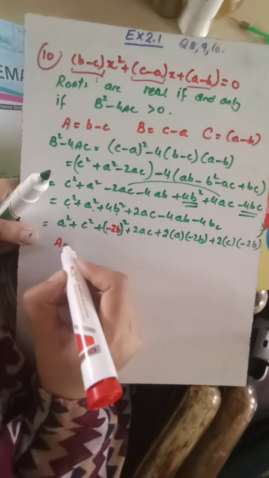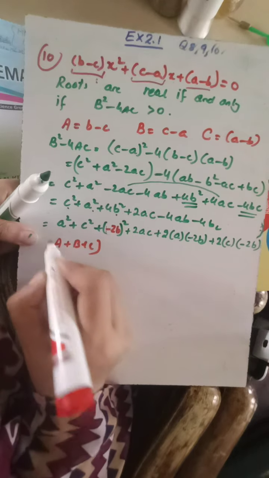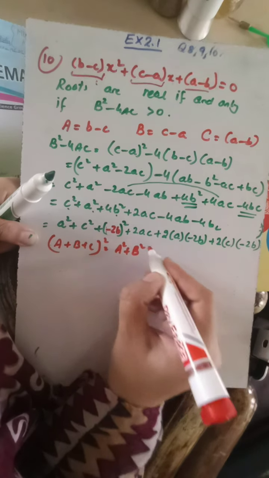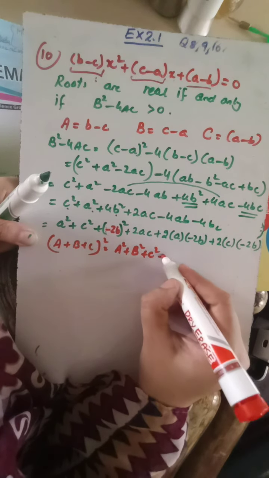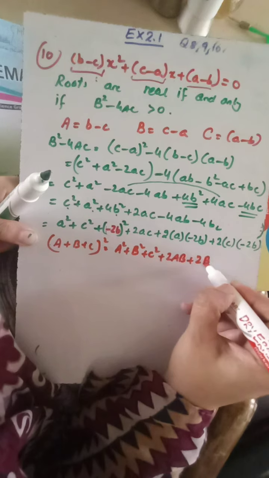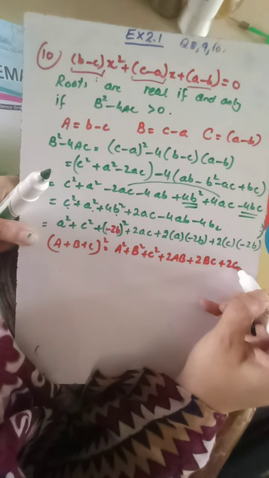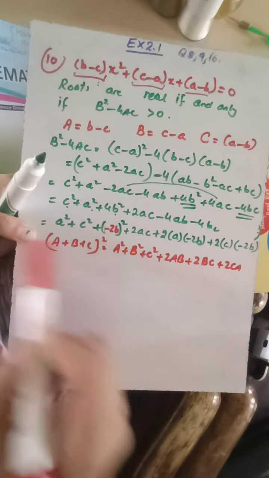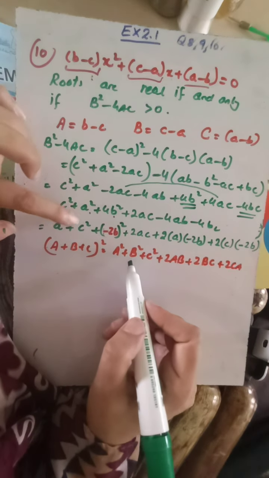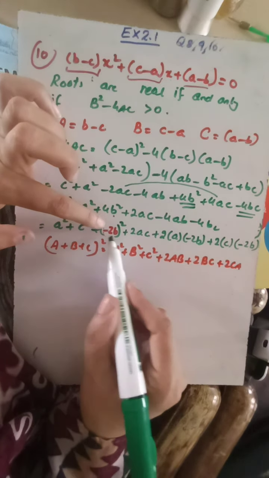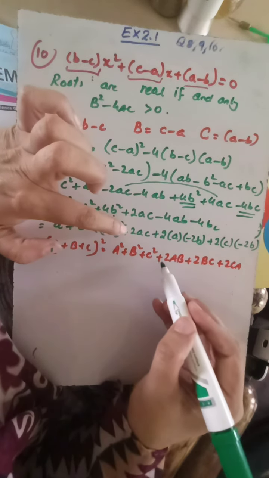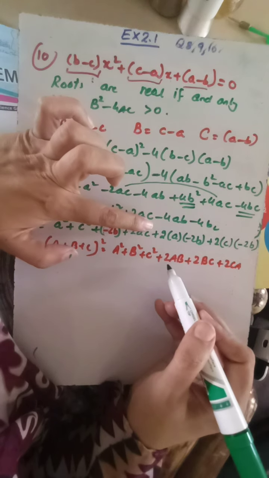So if you compare this equation with the formula (a plus b plus c) whole square, a square plus b square plus c square plus 2ab plus 2bc plus 2ca. If I compare these two formulas, what do I get? a square plus b square plus, in place of c we have negative 2b, c square plus 2a into c.